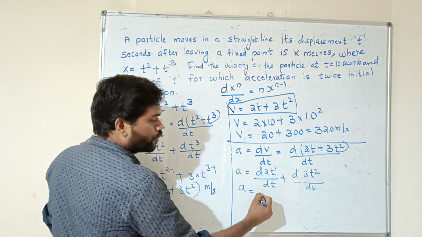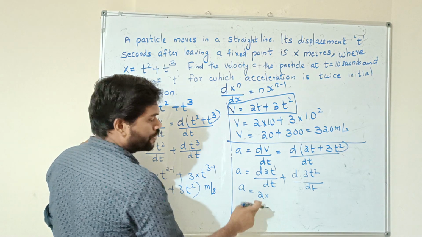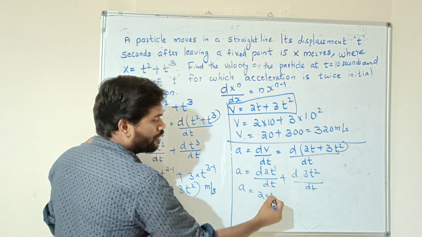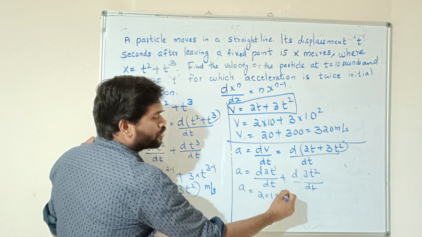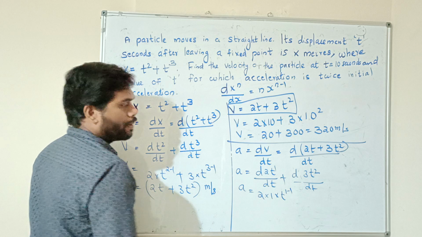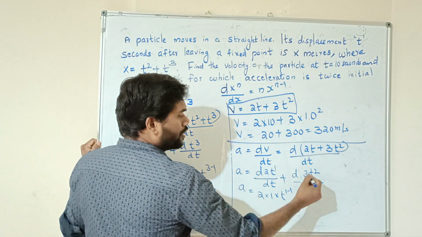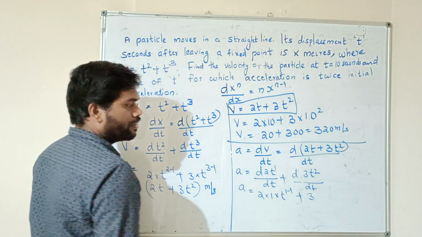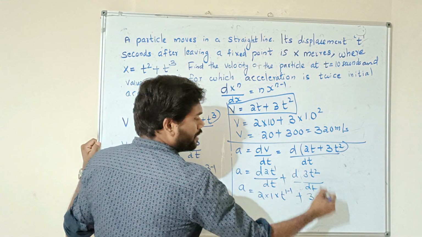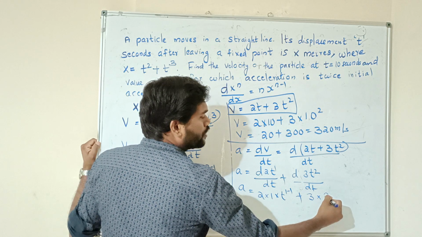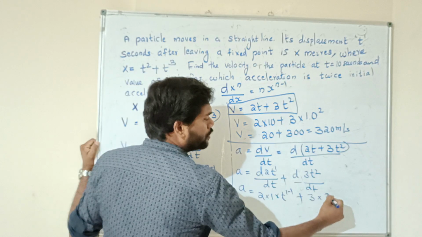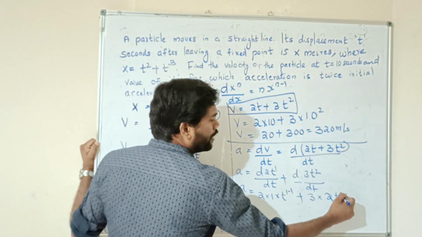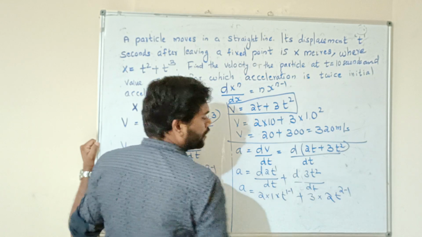So this will be equal to 2 into the differential of t raised to 1, which is 1 into t raised to 1 minus 1, plus, again we have a constant 3, we don't differentiate it. Then for t square, the differential of t square is 2 into t raised to 2 minus 1.